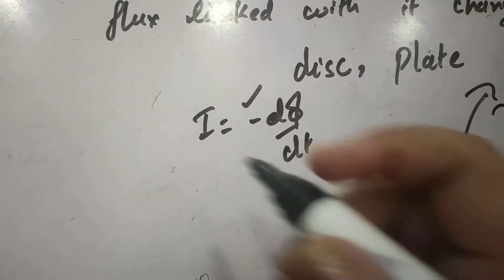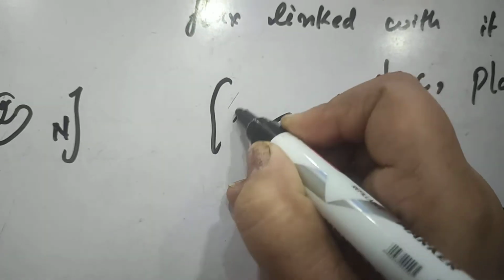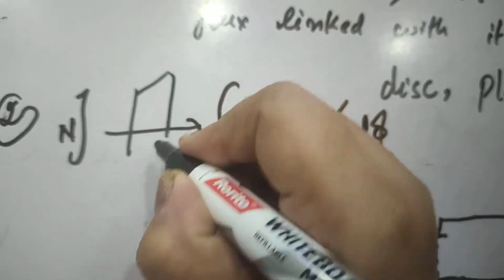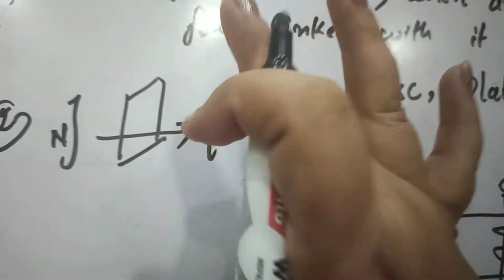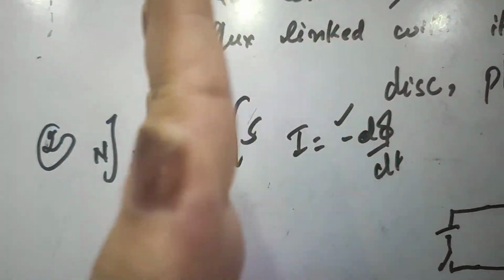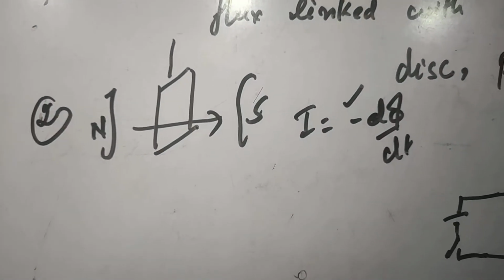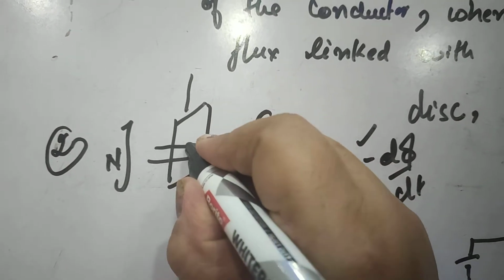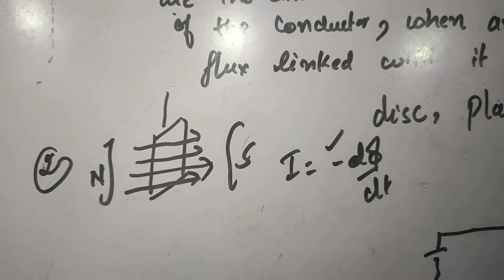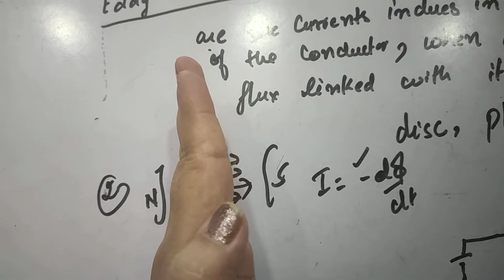The second case is, suppose we have a north and south magnetic field in this direction, and we hang a metallic piece like this. Initially, when it is not moved, the magnetic field lines passing through it are maximum.